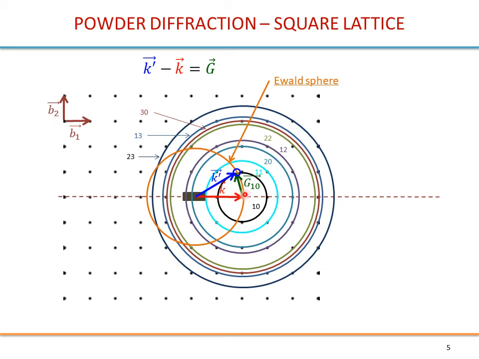In fact, you could start here. So this problem was not appearing actually in the first video. It was working from the origin. Here if you start here, you go first K prime. K prime will lead you somewhere here, and then minus K will lead you here. So this is indeed your G reciprocal vector for the 1, 0 plane.